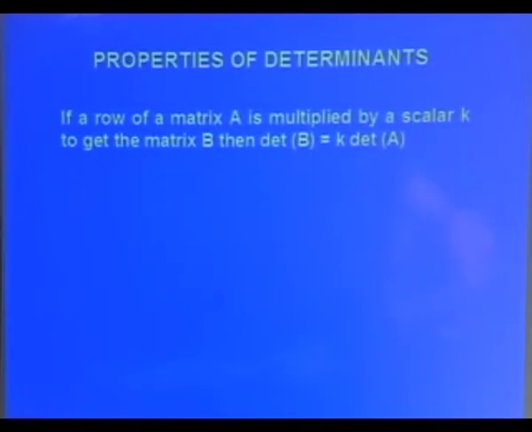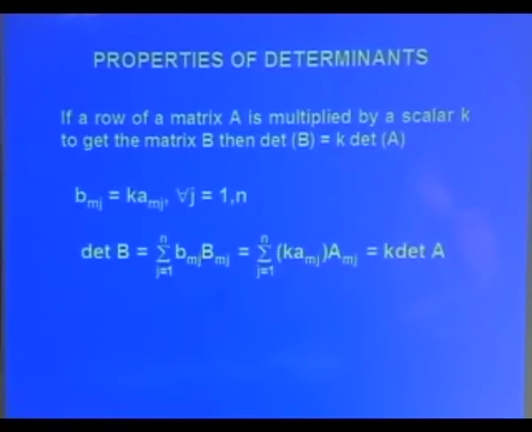Now this property says that if matrix A is multiplied by a scalar k to get the matrix B, then determinant B is equal to k times determinant A. For example, let us say we have a matrix A with elements aij. If in the mth row we have k times amj for all values of j from 1 to n, that means a row of the matrix A is multiplied by a scalar k.